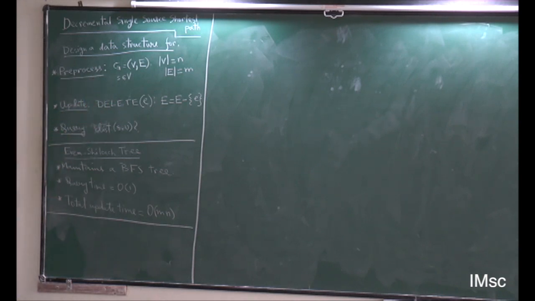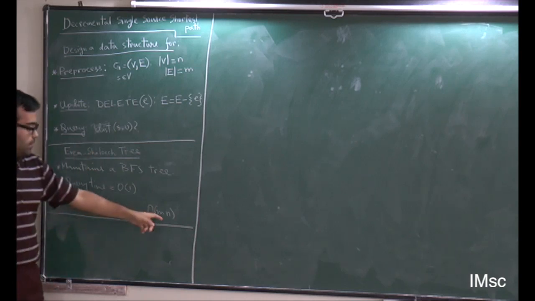Okay. This is decremental because only edge deletions are allowed. If both insertions and deletions were allowed, we would have called it fully dynamic. So, we presented this data structure called Even-Shiloach tree. It basically maintains a breadth first search tree rooted at S, and its query time is constant and its total update time over all the m edge deletions is mn.